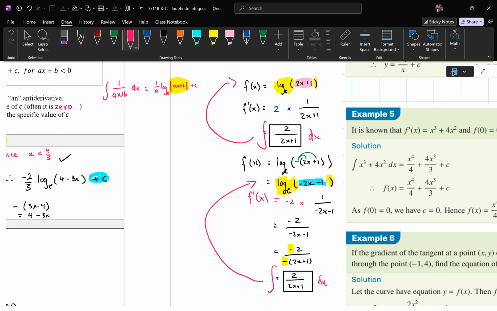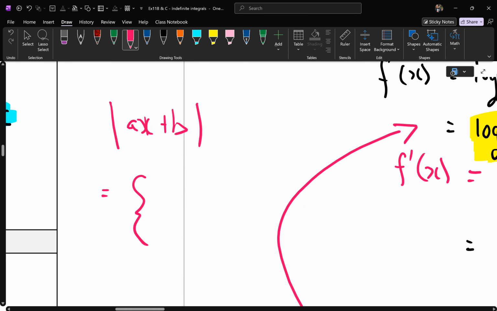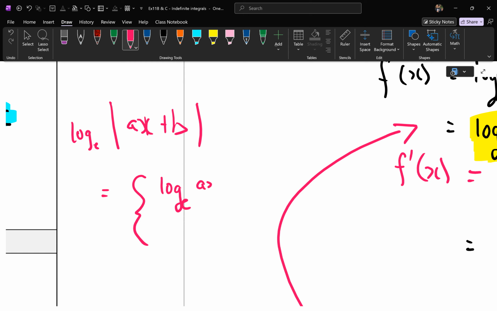So when you say mod of ax plus b, what this means is you've got two scenarios. Log of ax plus b means that you can have log of the positive version, or you can have the negative version, negative of ax plus b. Okay? And that's what they mean.